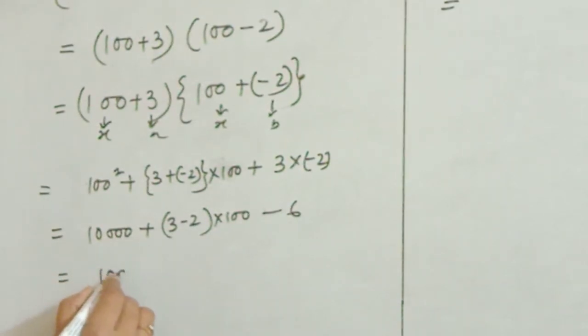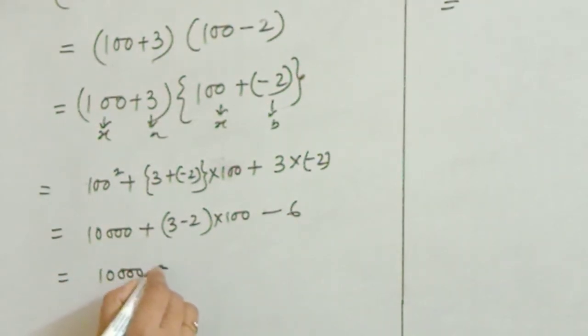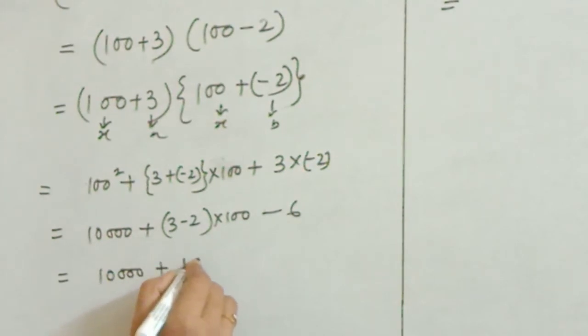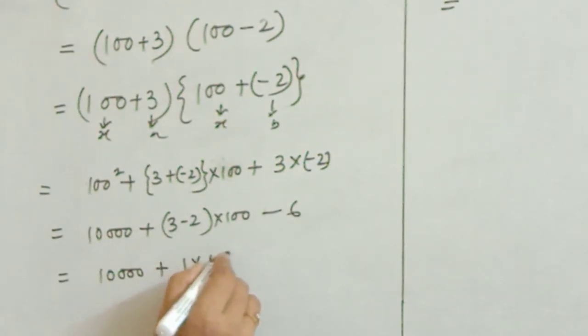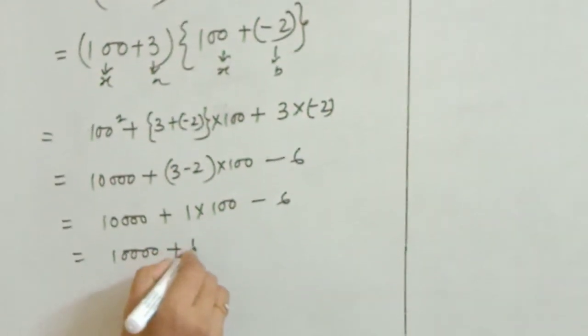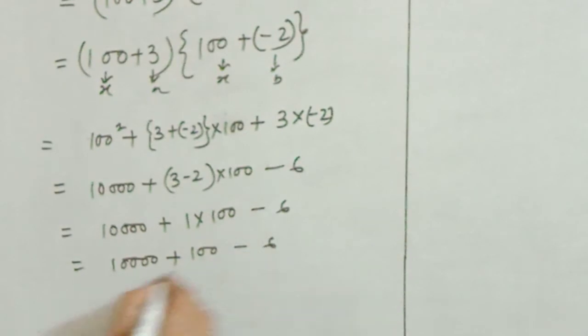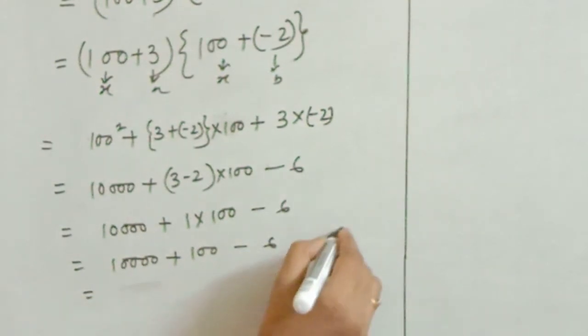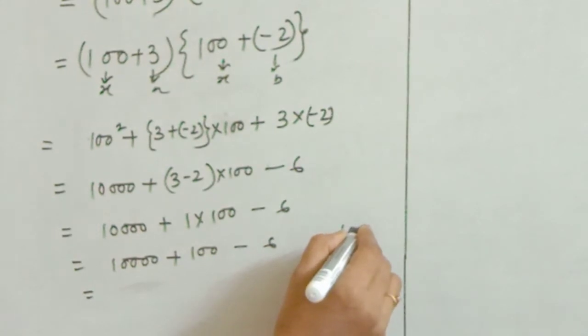So 10,000 plus 3 minus 1, 1 into 100, minus 6, 10,000 plus 100 minus 6, 10,100.